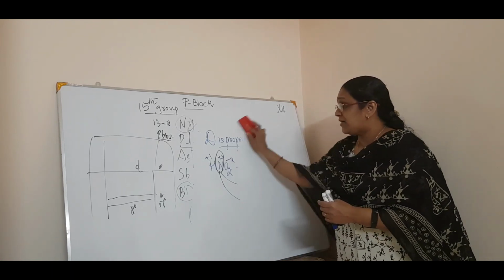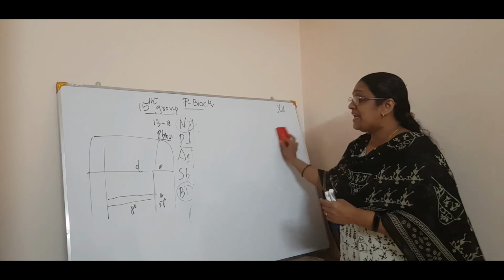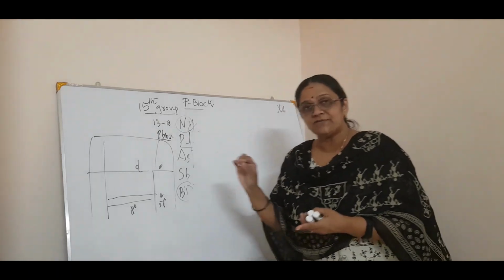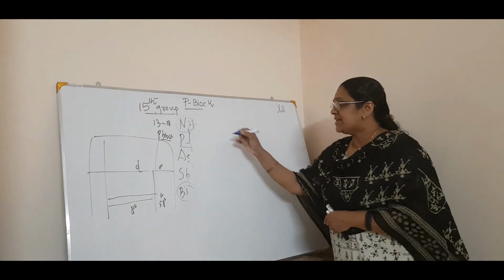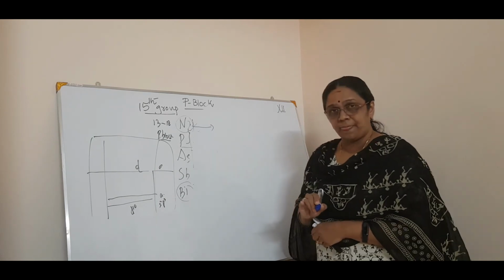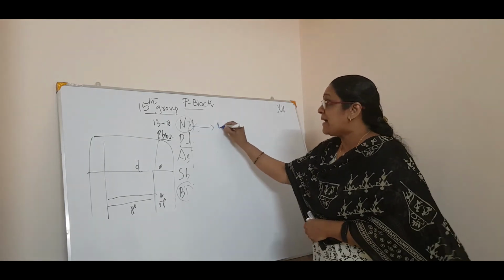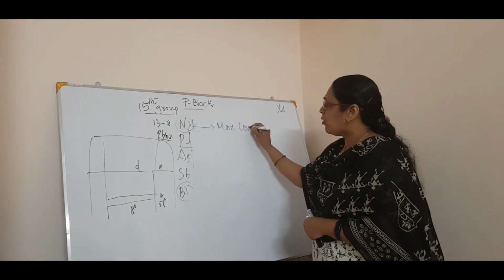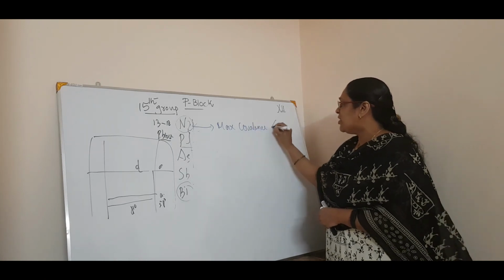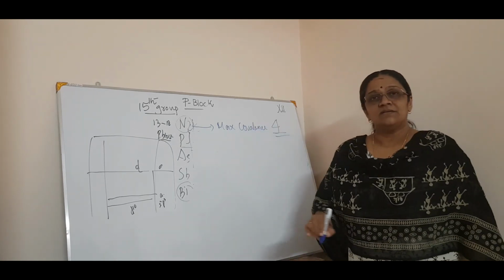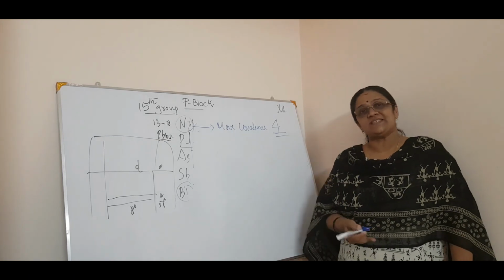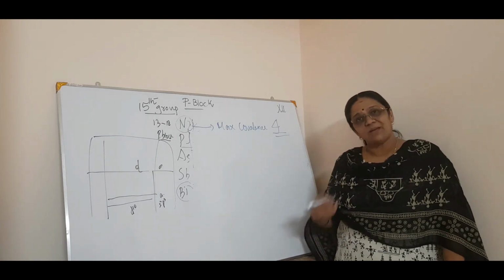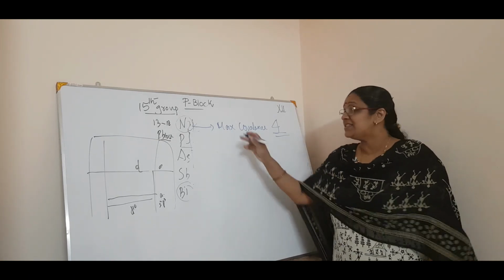I don't want to miss any of the points, that's why I'm a little bit slow. Now the next point is again about nitrogen. Nitrogen has a maximum covalency, or covalence, anyway you can call it, of 4. Again logical questions can come. That is why I am telling you again and again, each line is important.